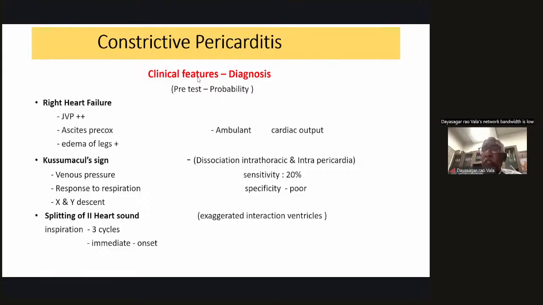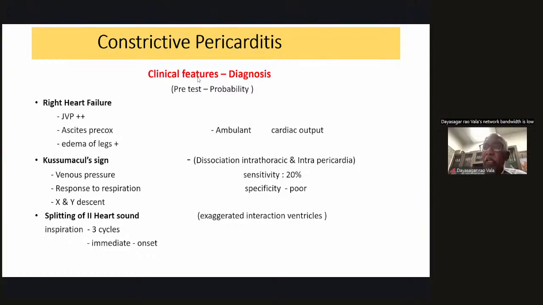Kussmaul sign is present in both diseases. But dissociation of intrathoracic and intrapericardial pressures, by way of venous pressures in response to respiration, is difficult to expect from the residents and from the consultants in the present era where clinical examination has gone to the backseat.